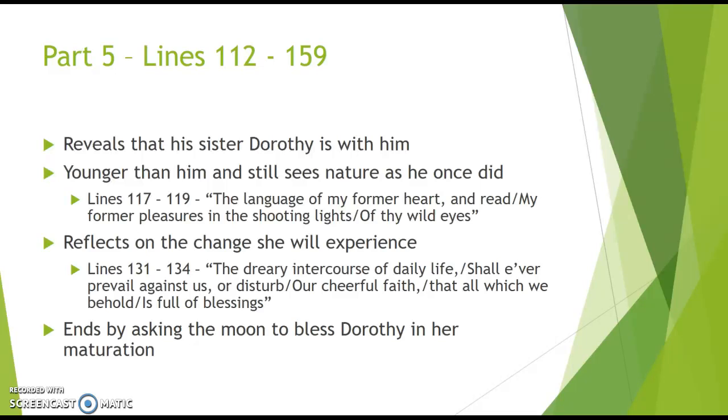She's going to have to go through living in a city, probably being rejected by suitors and things like that. But he hopes that she will still realize that there are things that are blessed and beautiful in life. And he ends this section by asking the moon to bless Dorothy in her growing up.